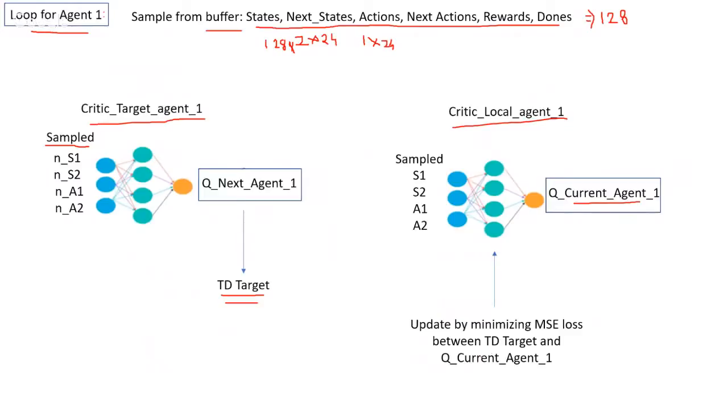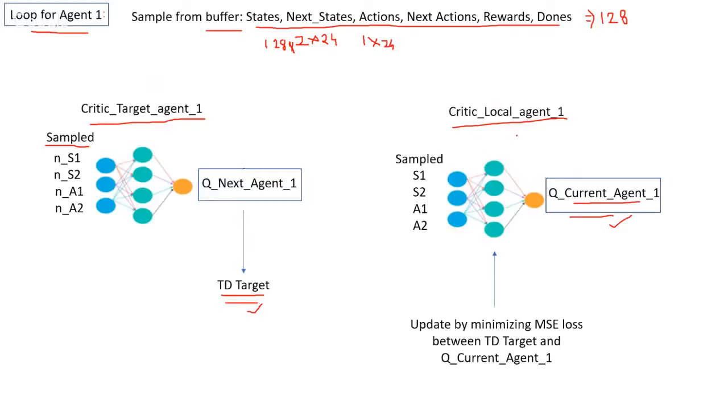Now I will train this network to minimize the mean square error loss between the TD target and this value I have generated here. The motive is to make the parameters such that this and this become as close as possible. So you have updated your critic local for agent 1. That's half of the objective of our process for agent 1.